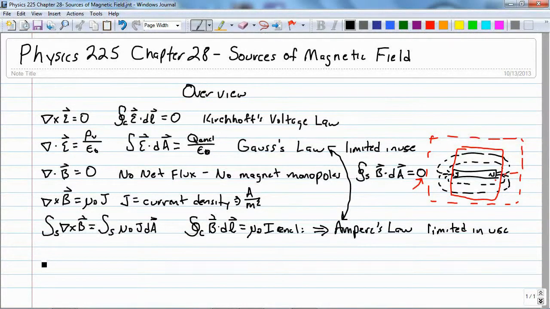If we want to be able to have the analog to Coulomb's law, that's going to be what we have as Biot-Savart.